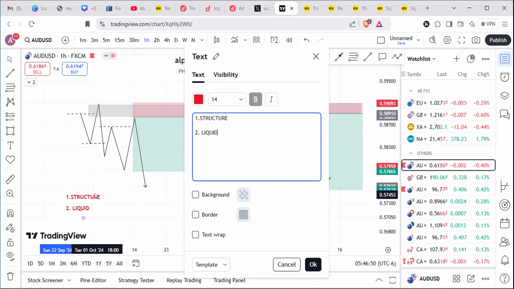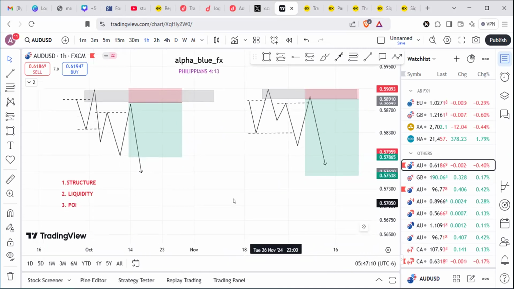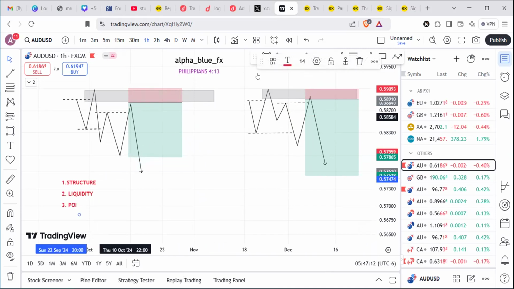Where is the liquidity? And then number three, you look for POI, or area of interest. So point of interest. That's all. So these are just the three things you're going to be looking out for in this strategy, right?